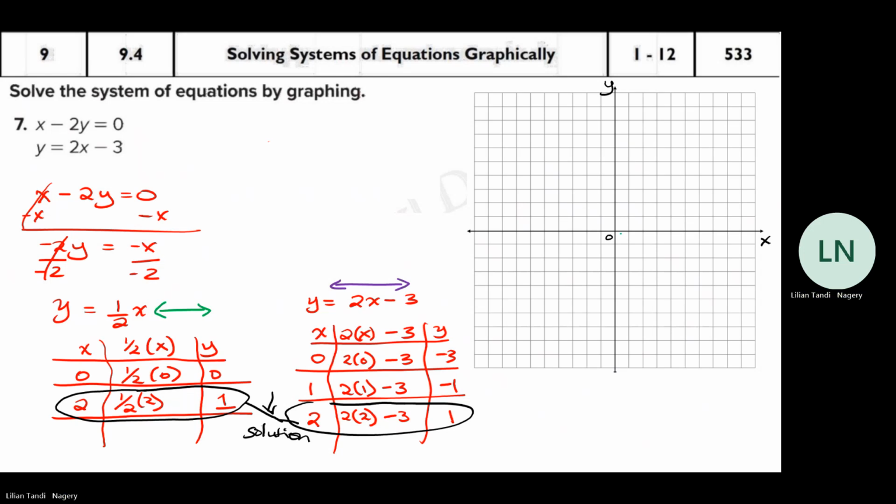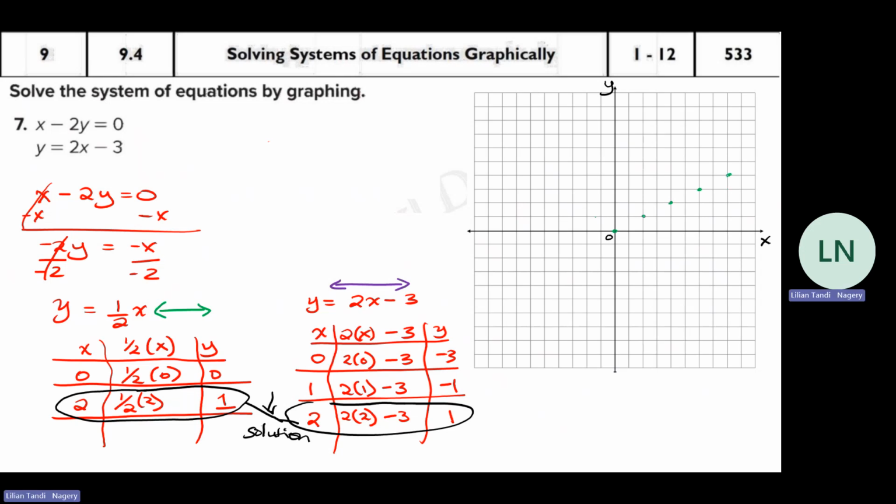(0, 0) is here. And (2, 1) is here. So then how do I get to my other points? I follow the slope. 2 right, 1 up. 2 right, 1 up.